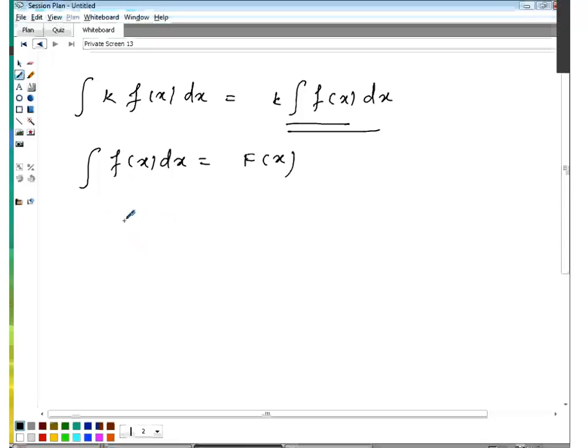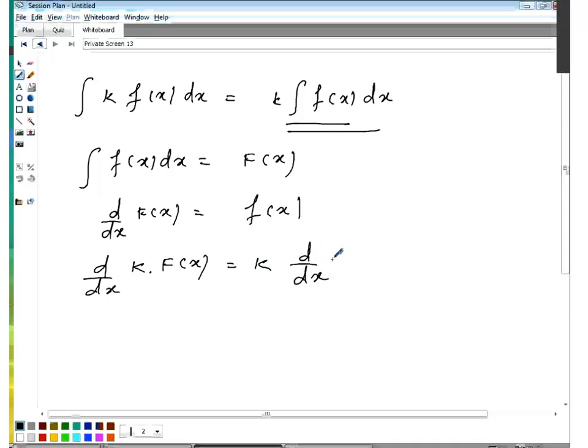So from the definition, d/dx of F(x) is this f(x). We know from differentiation that if you differentiate something like this, then the constant would come out. Right?